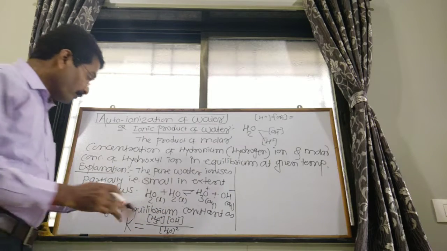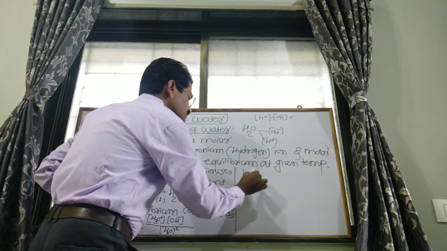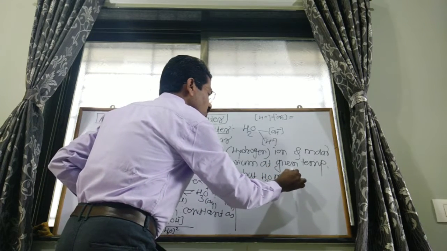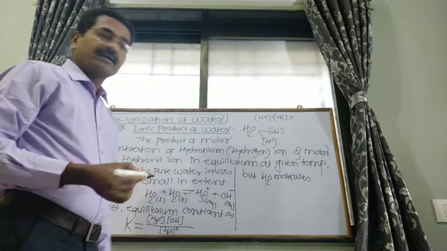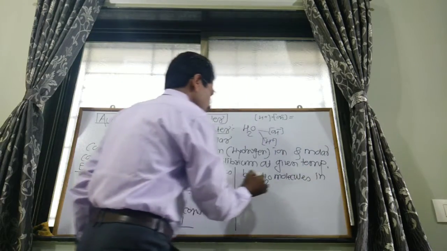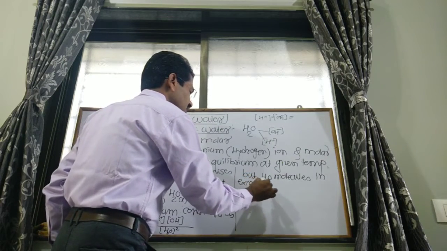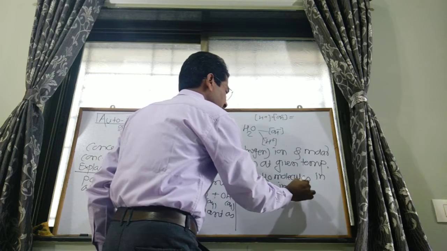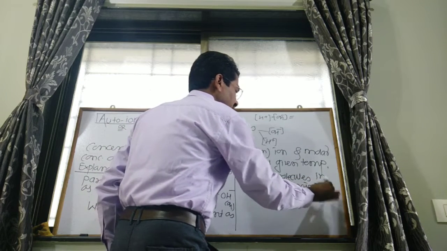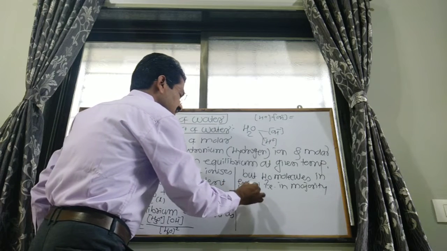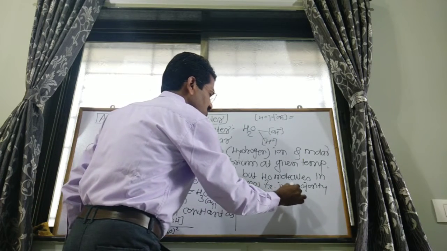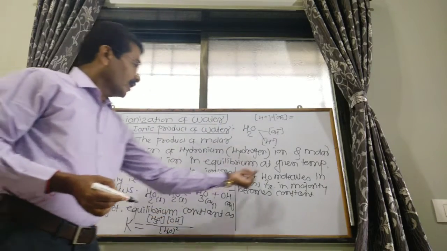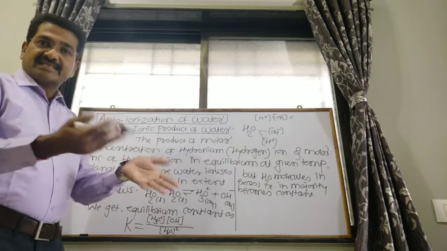But H2O molecules are in excess, that is, in majority, so they become constant. These H2O molecules are constant due to the excess.